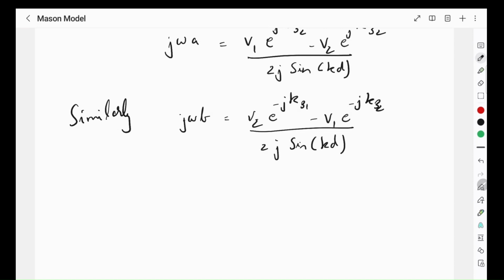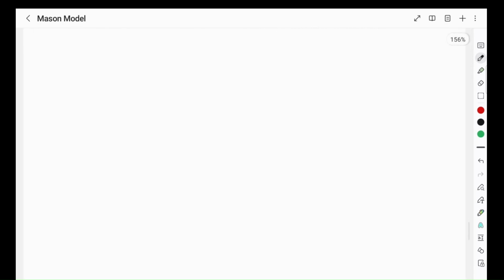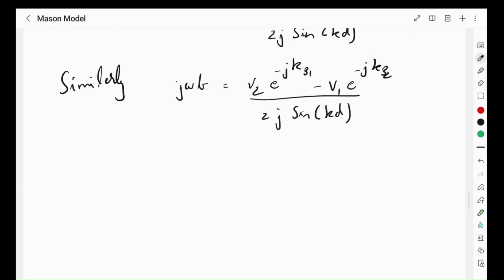As I told before, this part applies to anything. It can be a piezoelectric material, it can be a non-piezoelectric material. If I'm looking at only a simple material which is not piezoelectric, then I can write that the stress is equal to C, the stiffness, into the strain, which is dou u by dou z.